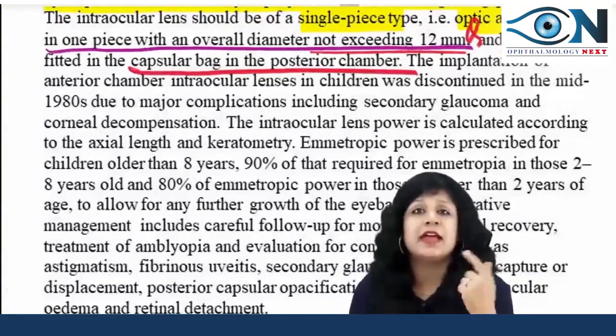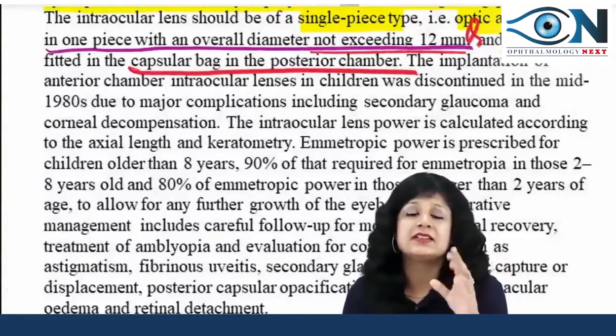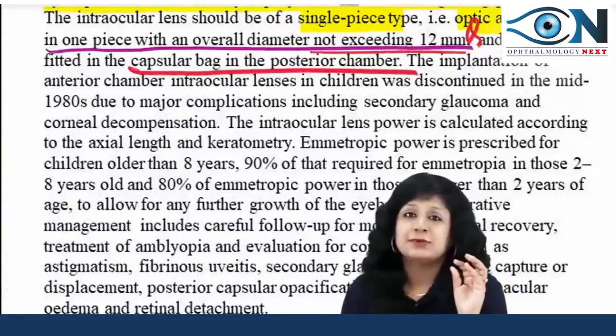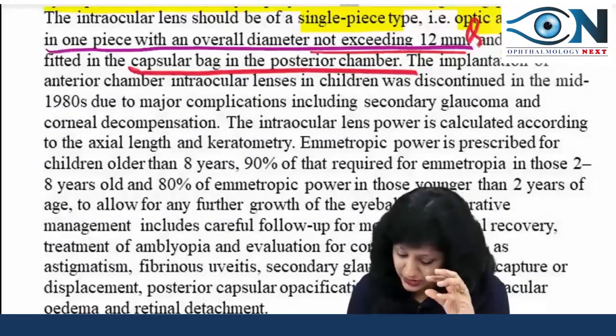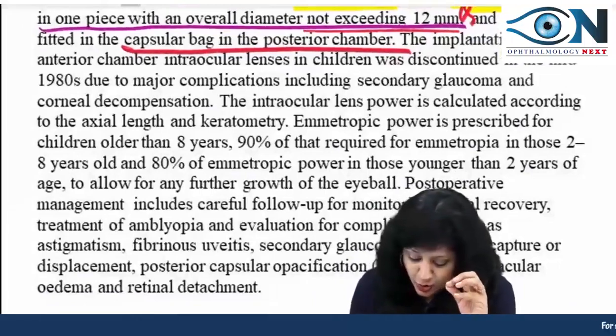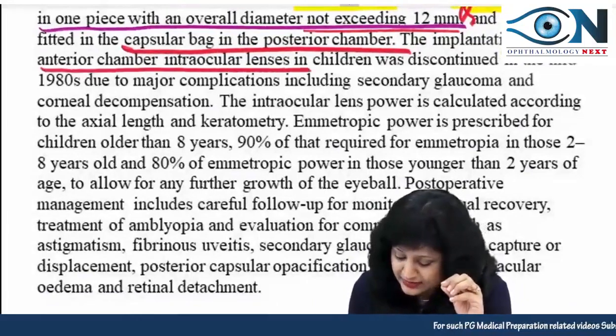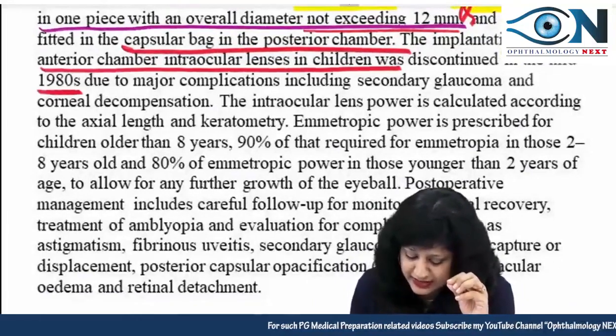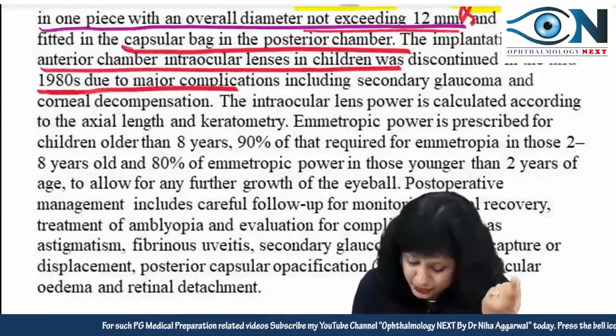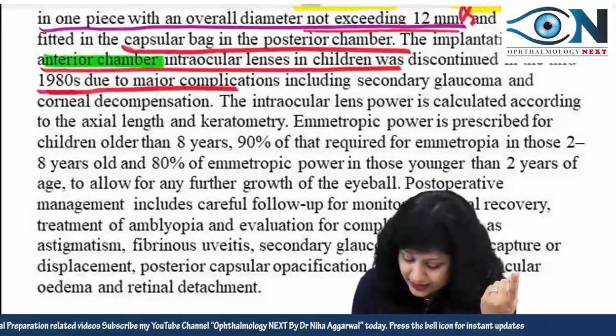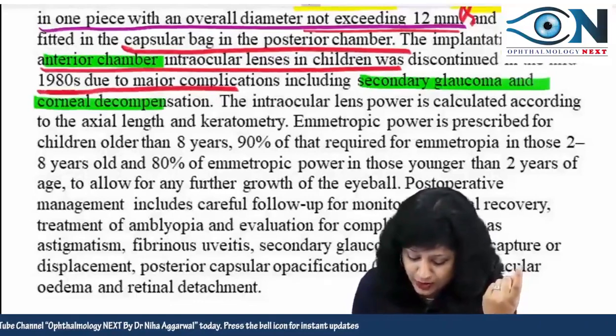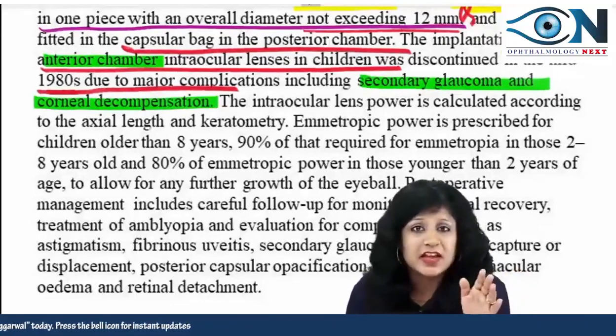You already know that for intraocular lenses, the best site is the capsular bag in the posterior chamber. The implantation of anterior chamber intraocular lenses was discontinued in the 1980s because of a lot of complications, secondary glaucoma and corneal decompensation. So we are not giving ACIOLs in children.